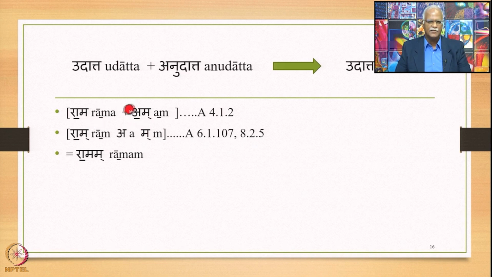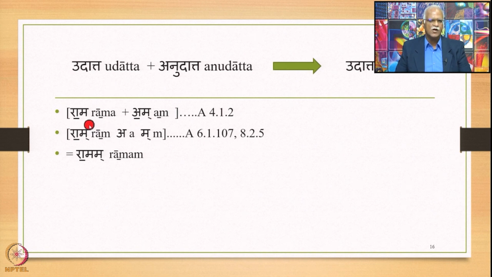So now we have Rama plus am by 7.1.24 and the accent rules apply. And now we have 6.1.107 Amipurvaha applying. So we have Ram, and m. Now what is the accent of this a? That is the issue. The substituents of this are this a at the end of Rama and the a at the beginning of am. The a at the beginning of am is Anudatta and the a at the end of Rama is Udatta.